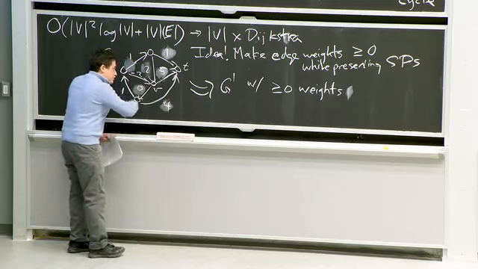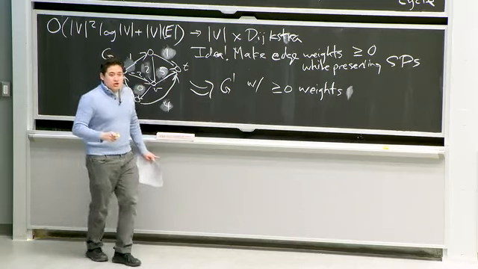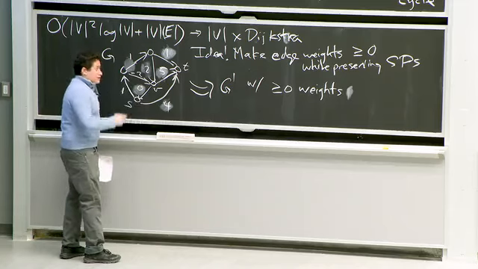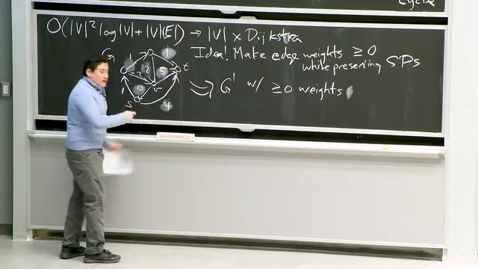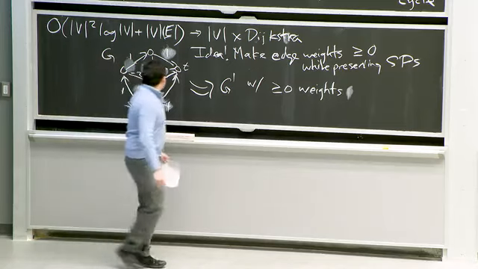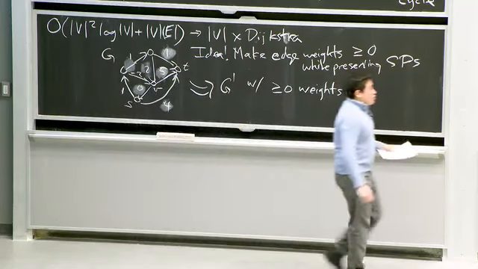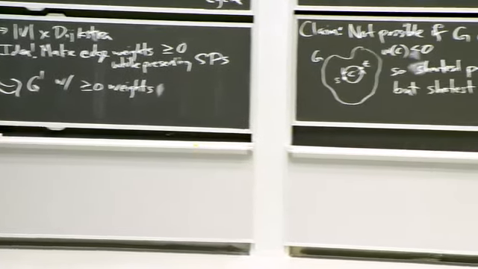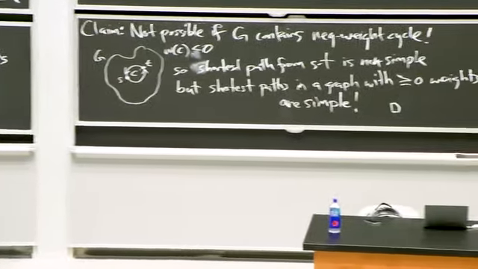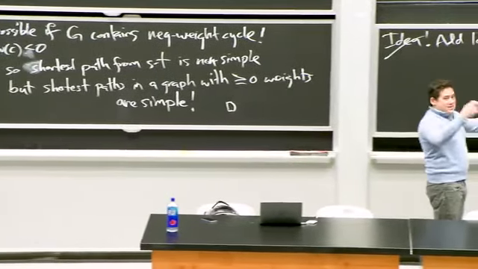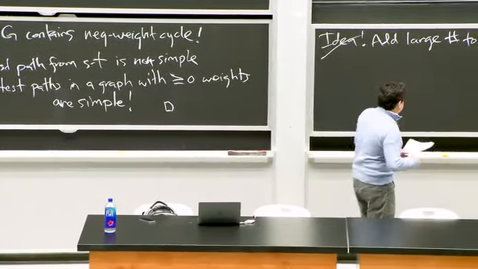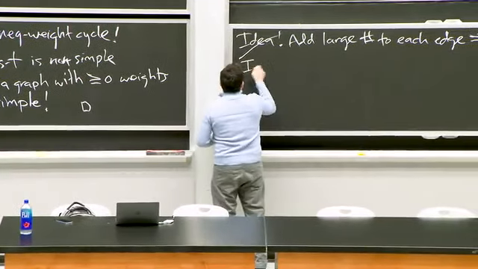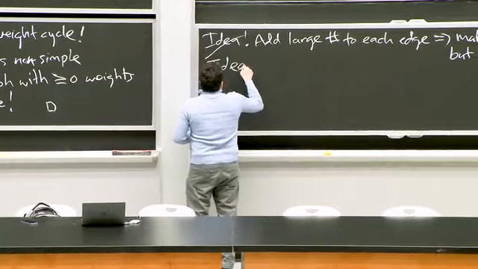And any path going into V has also changed by the same amount. In particular, it's changed by a negative, whatever we added to the outgoing edges. So such a transformation, adding a number to all the outgoing edges from a vertex and subtracting that same number from all the incoming edges, preserves shortest paths. That's a claim. This is a better idea.